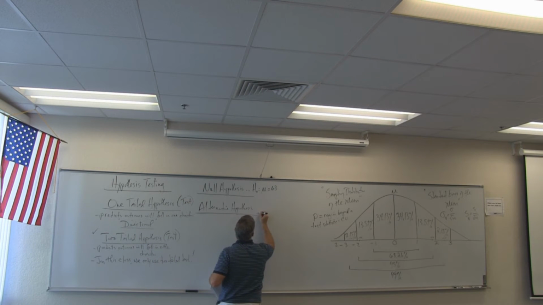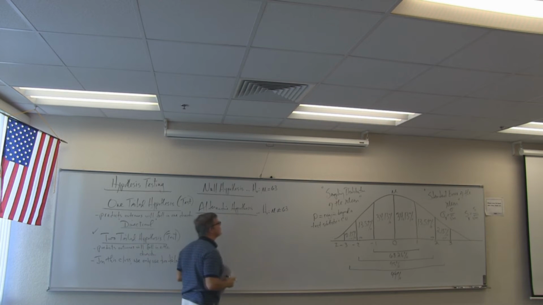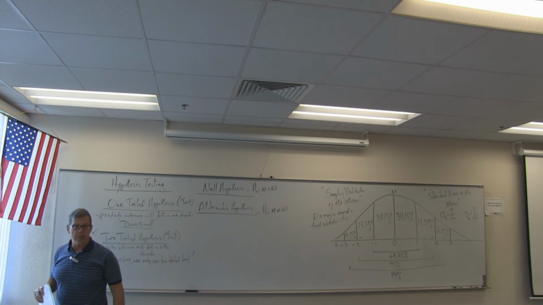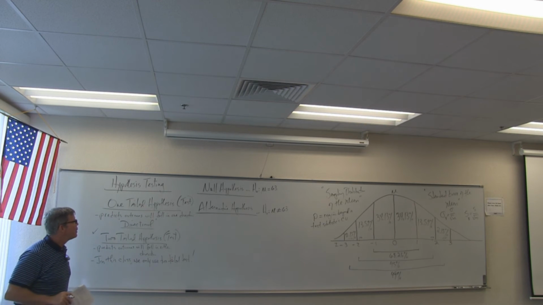Typically, the alternative hypothesis, H sub 1 colon, I just want you to write mu is not equal to 63. Again, nulls and alternatives are always written in population parameter symbols.